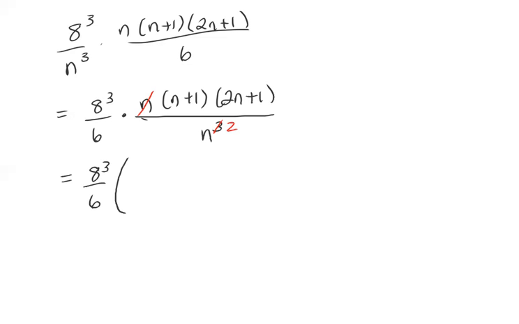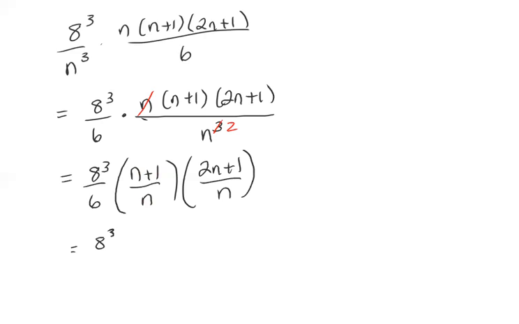And I'm going to rewrite this expression and make use of that. I could rewrite it as n plus 1 over n times 2n plus 1 over n. If you were to multiply two fractions like these again, you would get back to this because n times n is n squared. N plus 1 times 2n plus 1 is this term, this expression, excuse me. And why is that helpful to me? Well, notice that if I divide n by n, I get 1. If I divide 1 by n, I can write that as the expression 1 over n.